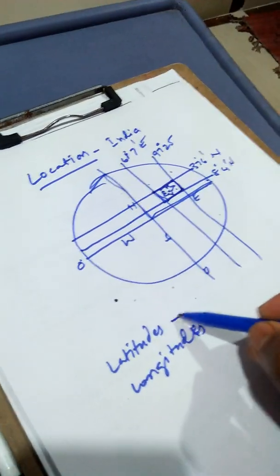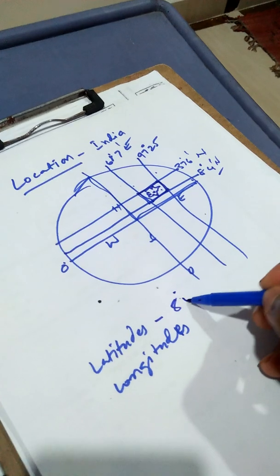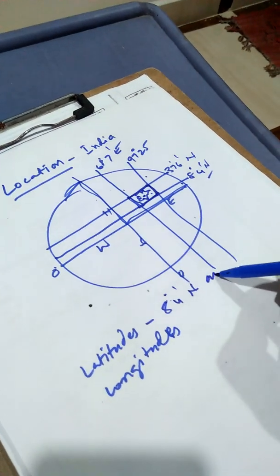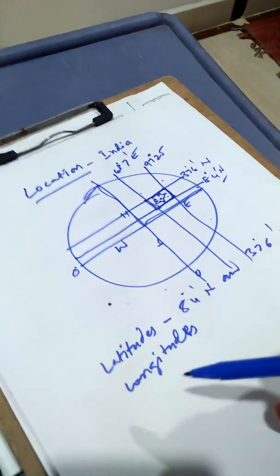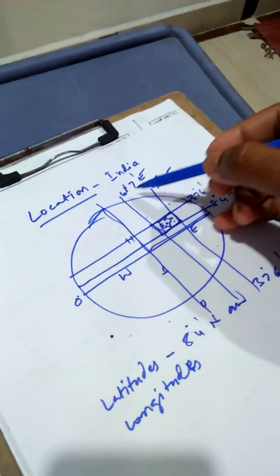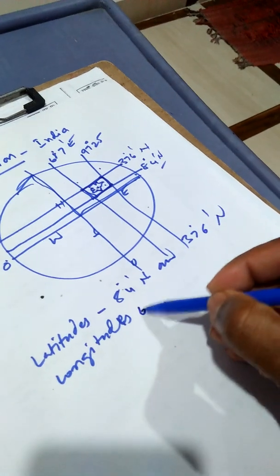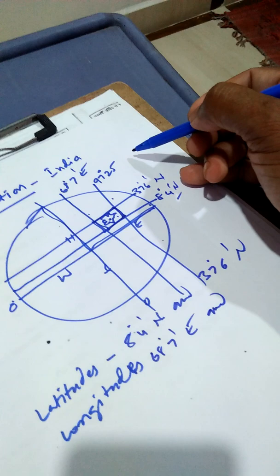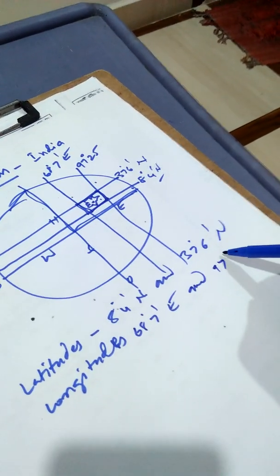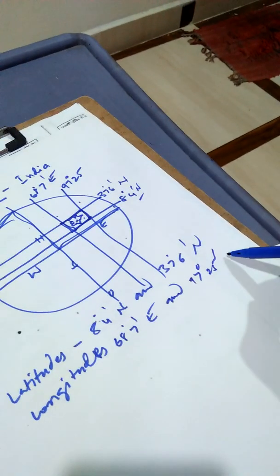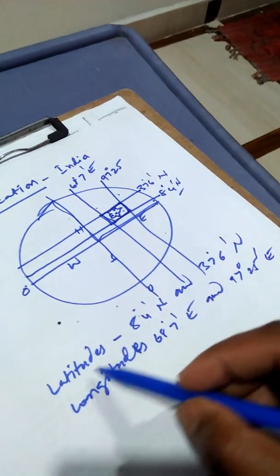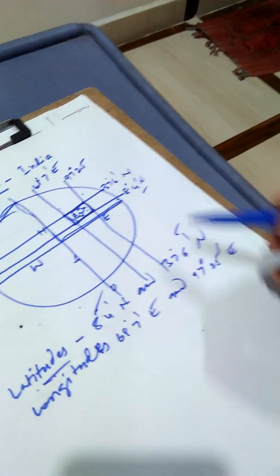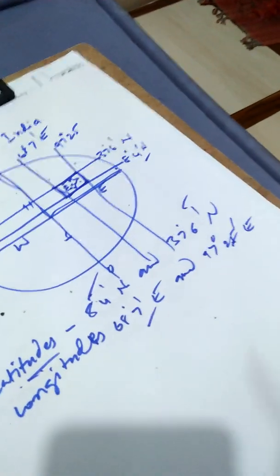India is located in between 8 degree 4 minutes north latitude and 37 degree 6 minutes north. And the longitudes are 68 degree 7 minutes east and 97 degree 25 minutes east. In between these two latitudes and these two longitudes, India is located.